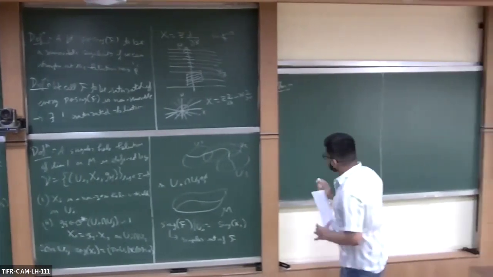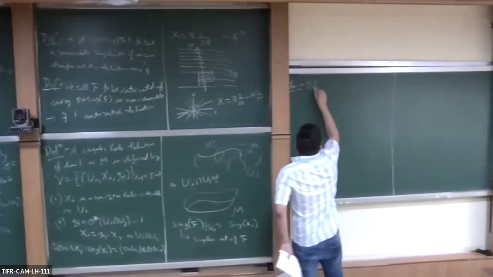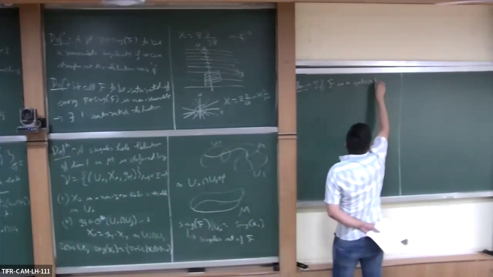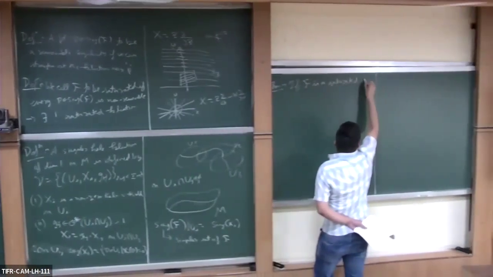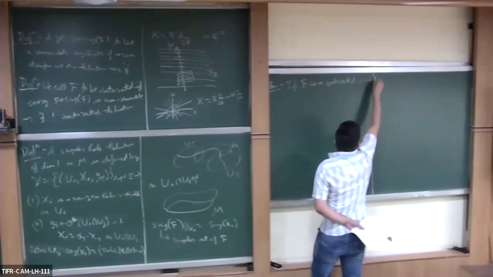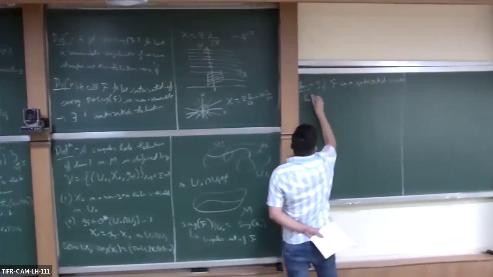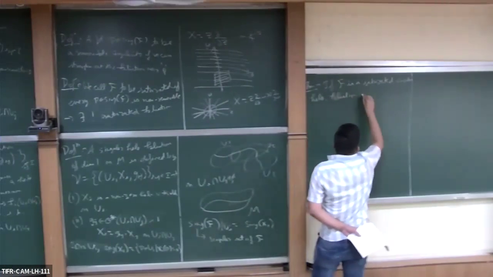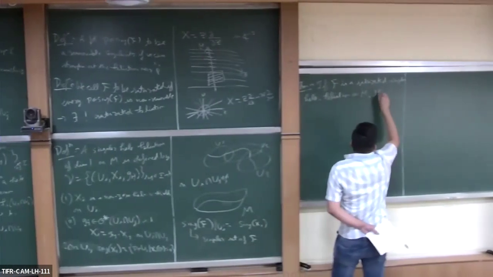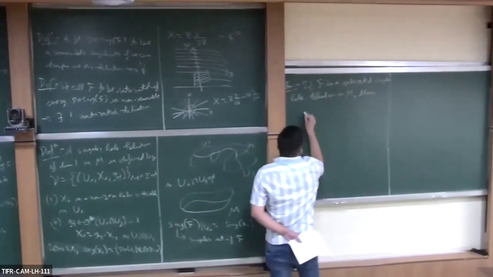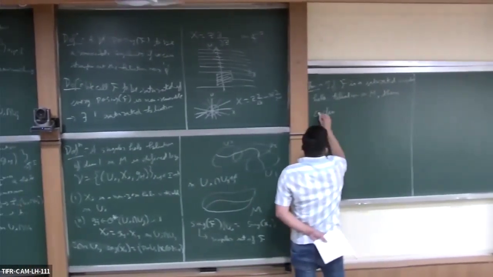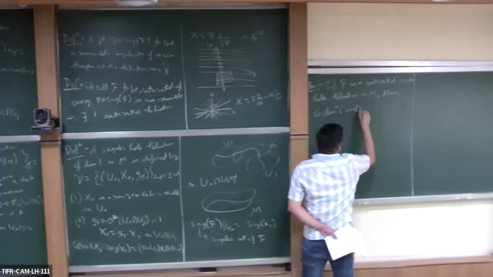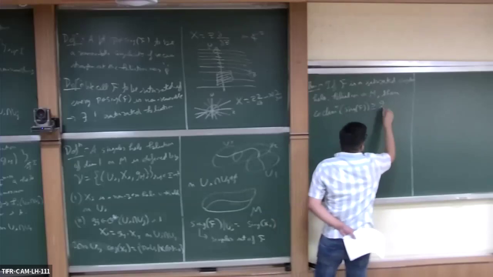Now, if saturated foliation, saturated singular holomorphic foliation, then the dimension or codimension of the singular set of this foliation.